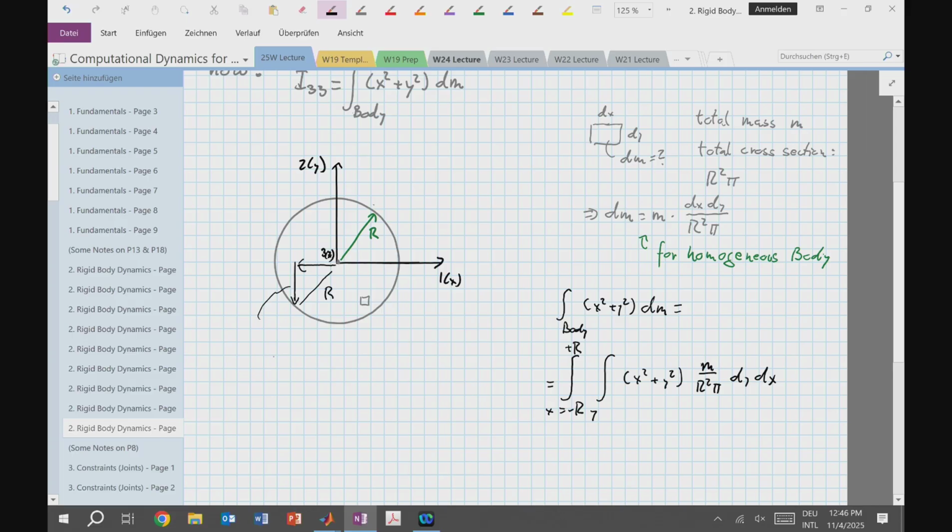Where this distance here is r squared minus x squared, and then the square root of that. So my integration bounds in the y direction are minus the square root of r squared minus x squared all the way to plus the square root of r squared minus x squared.